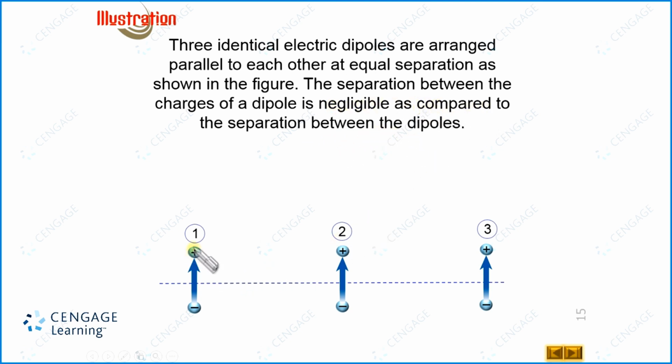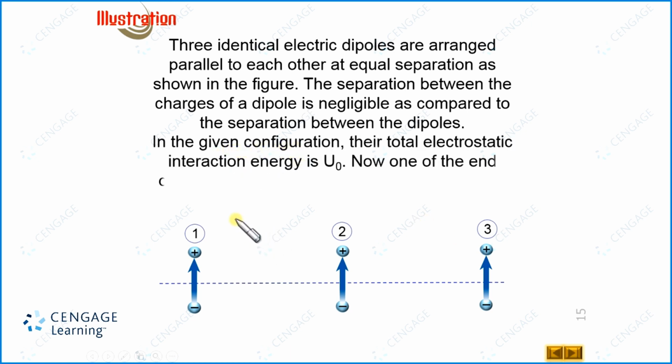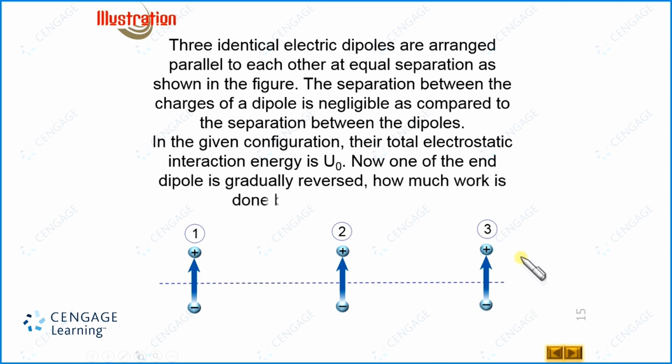That means the separation between the positive and negative charge is much smaller than this distance, so we can apply the formula of the electric dipole. In the next part of the question, in the given configuration, when all 3 dipole moment vectors are parallel to each other, the total electrostatic interaction energy is U naught.